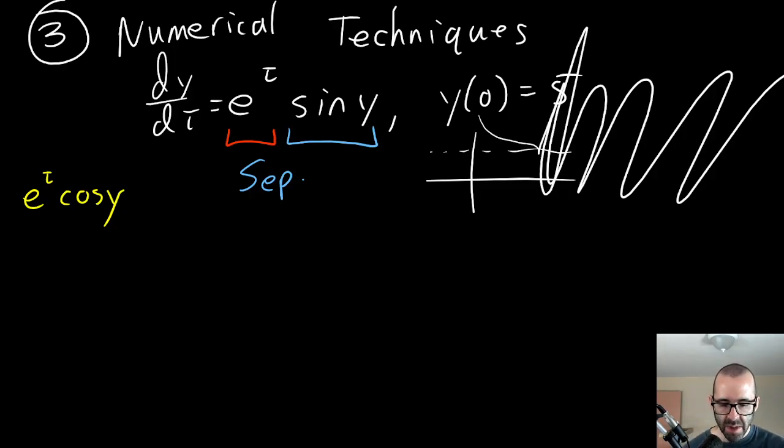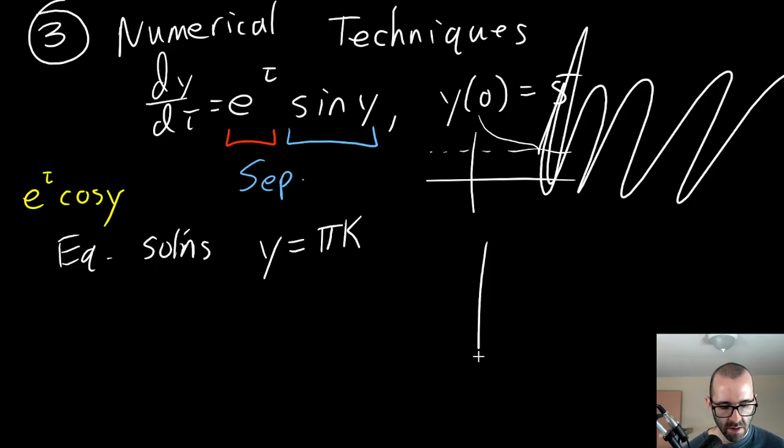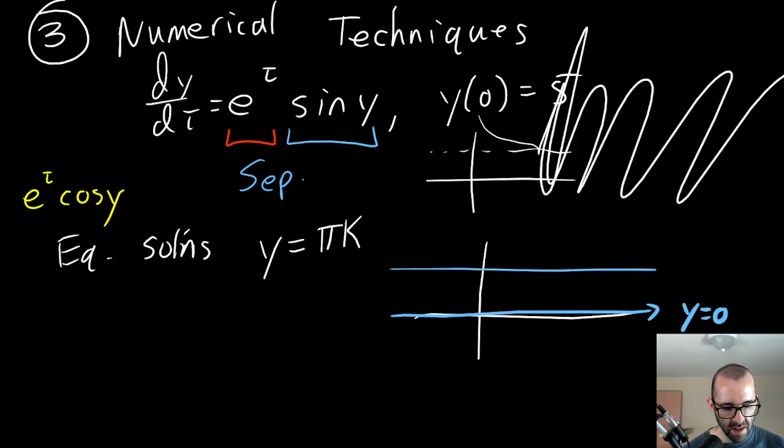And again, remember that we said we had equilibrium solutions. We did this in the last section. We had equilibrium solutions at y is equal to pi k. Right? So y equals 0 was an equilibrium solution. Y equals pi was an equilibrium solution.